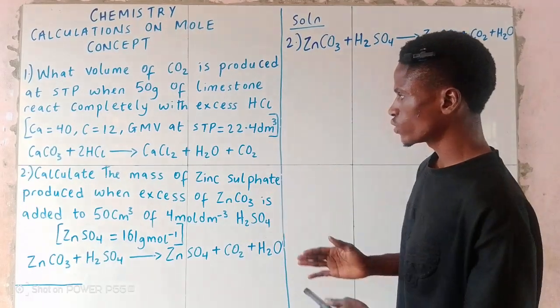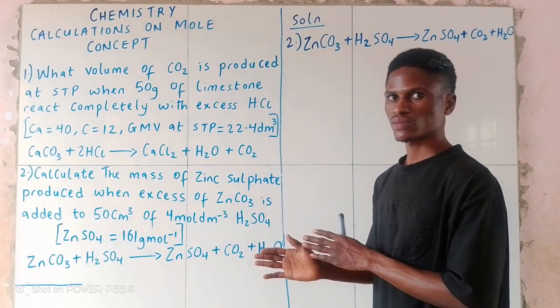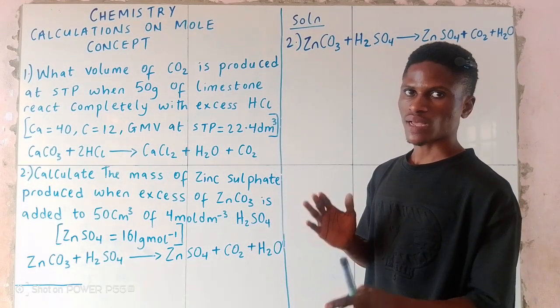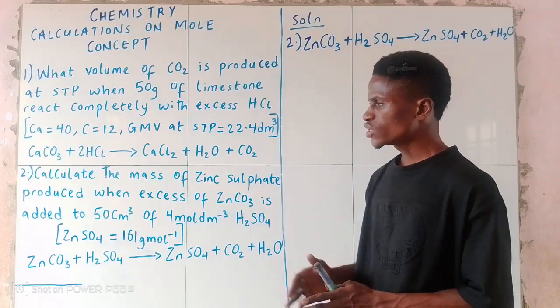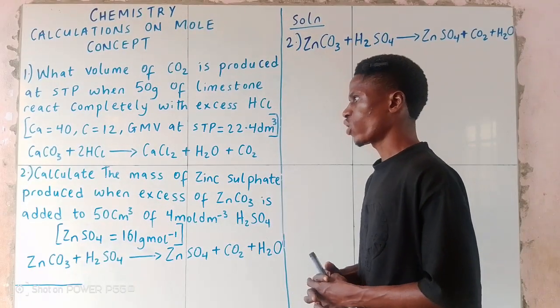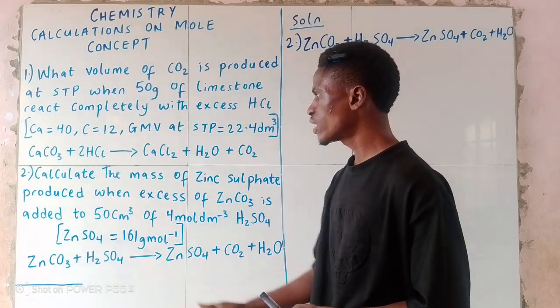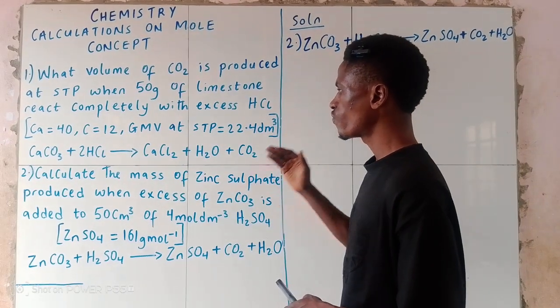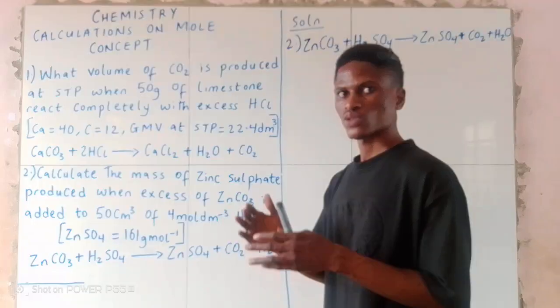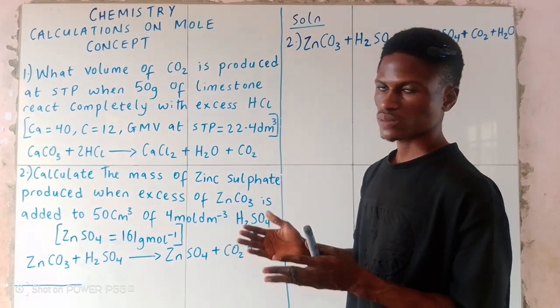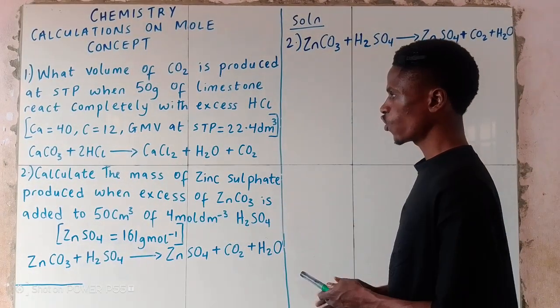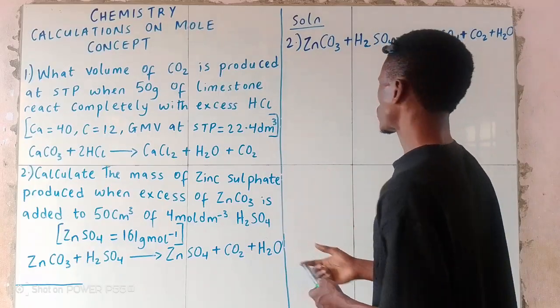The first one must be in question and the second one must have value. We check here carefully. What is the question saying? It says that calculate the mass of zinc sulfate. So what does that tell us? It means that zinc sulfate is one of the 2 substances.